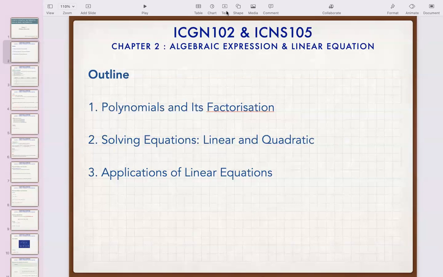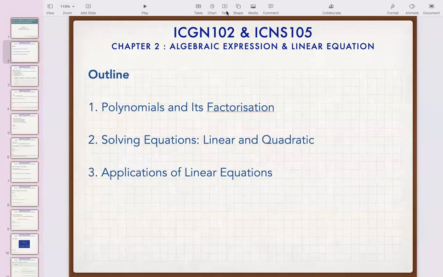Now, the outline for this chapter. Firstly we will talk about polynomials and their factorization. You will learn how to identify the polynomial terms in the expression, and then we try to do the factorization of those terms.